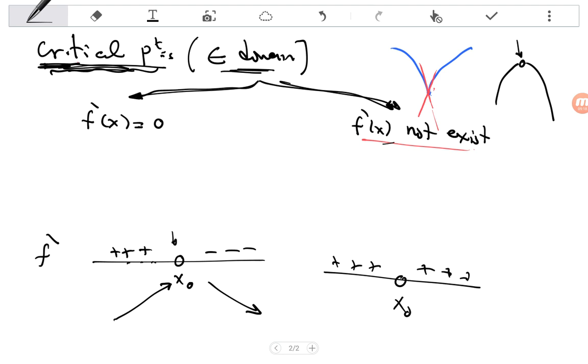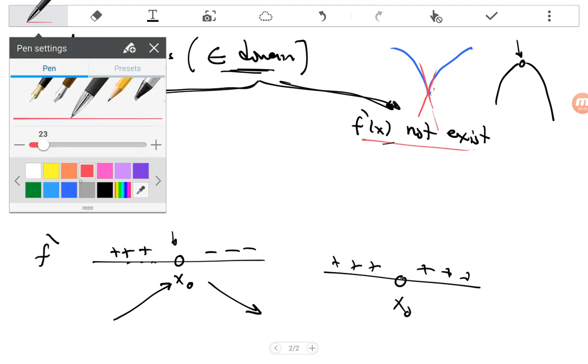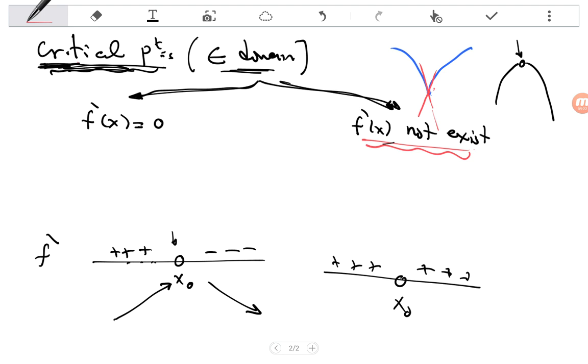So, one of the known examples where f dash does not exist is the absolute value function. For example, if I had this absolute value function, absolute x minus 2, at that point you will find that the slope of the tangent from the right is different from the left.